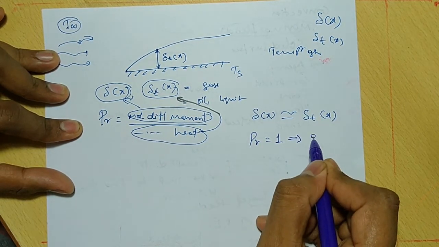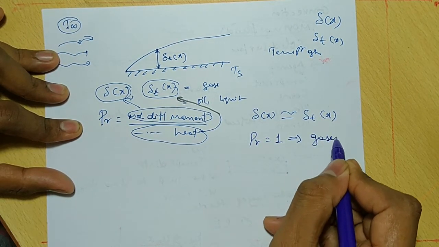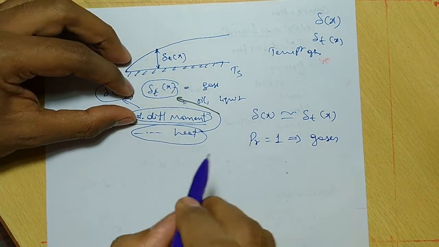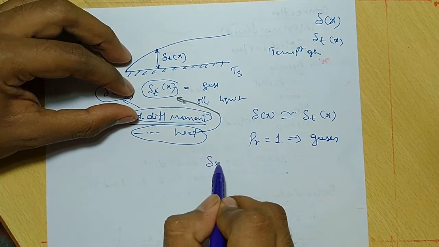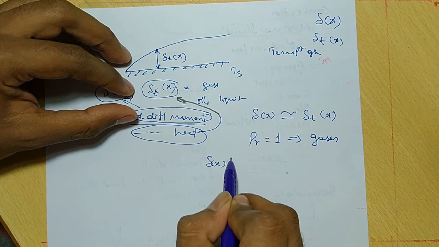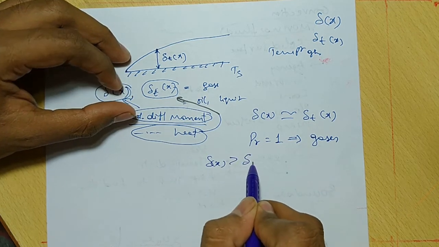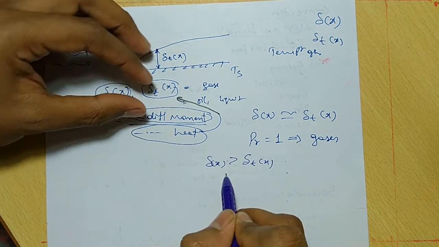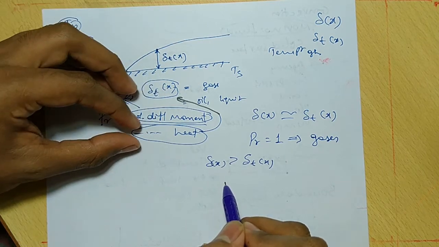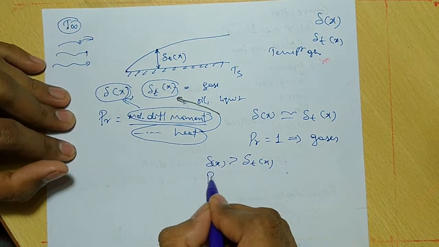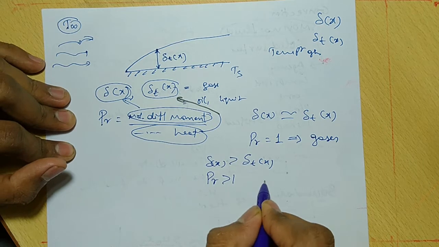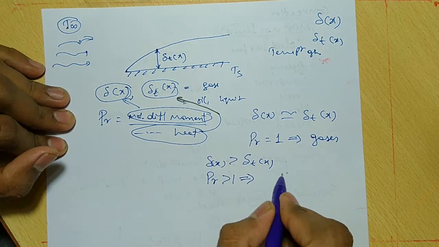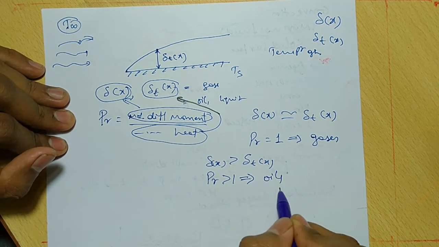This is for the gases. In some cases, the delta x value is very high compared to delta T of x. High value in the numerator and less value in the denominator gives a Prandtl number greater than 1. This condition you will see in the oils.